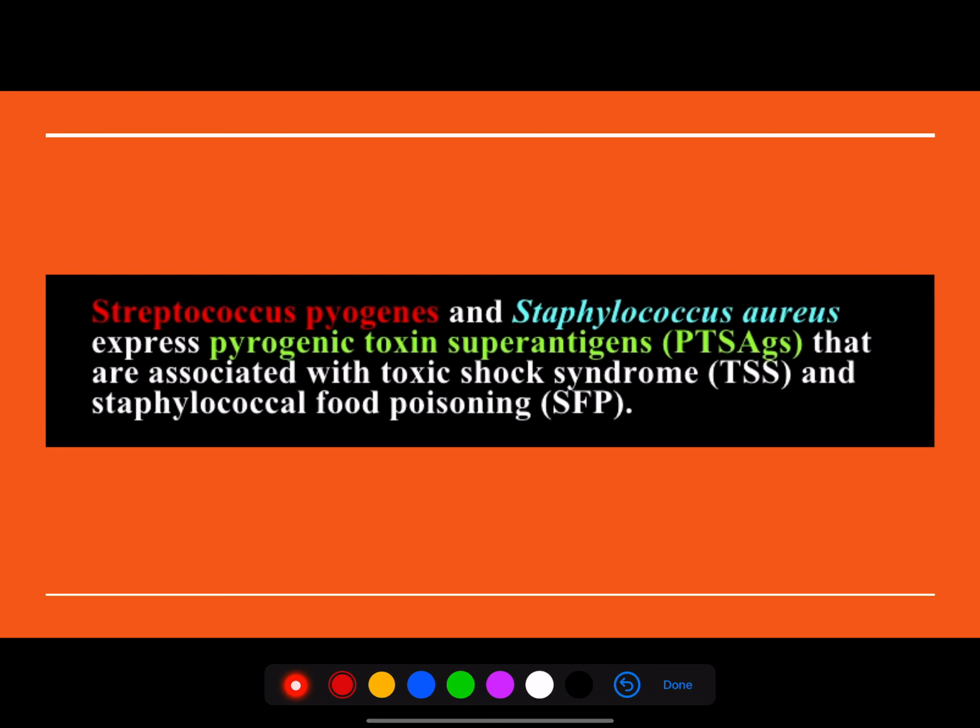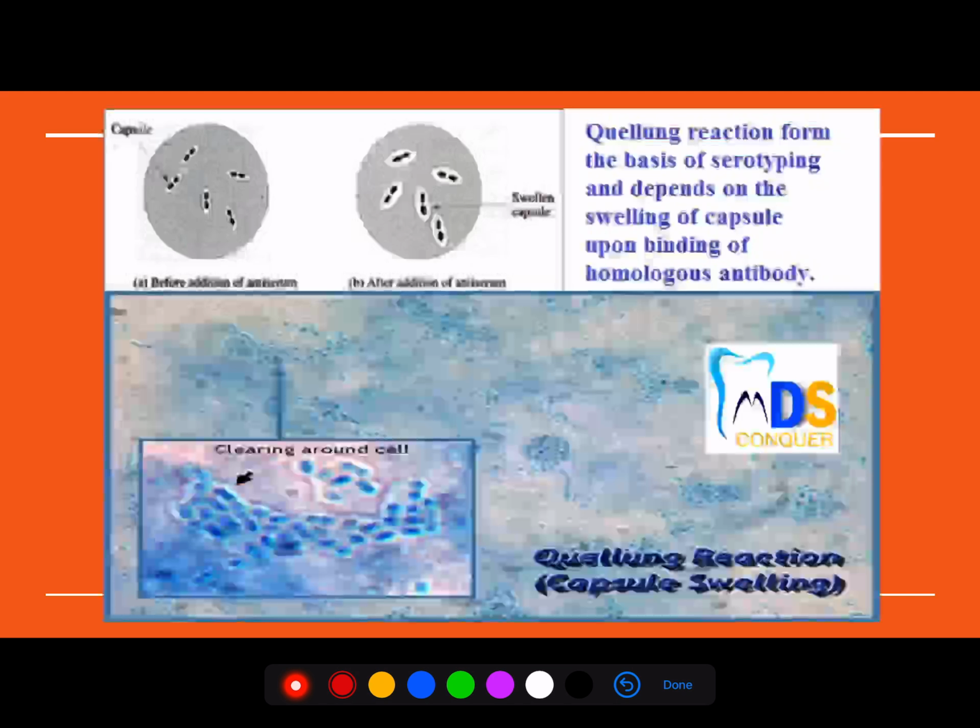Then next comes Streptococcus pyogenes and Staphylococcus aureus. They exhibit a particular toxin called a superantigen, which is the basic etiology for the occurrence of toxic shock syndrome and staphylococcal food poisoning.